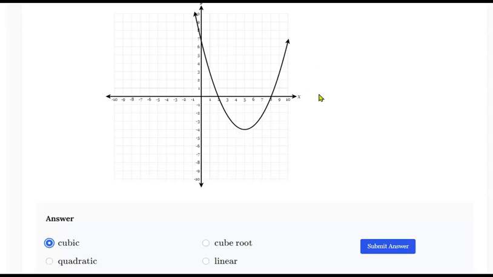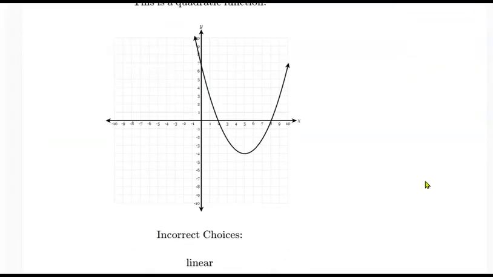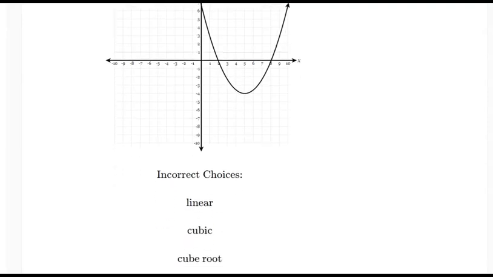So if I think, oh, this is a cubic graph, or a quadratic graph, or a cube root graph, or a linear graph, if I think that, then it will tell me I'm correct. So down here, it says these are the incorrect choices, linear, cubic, and cube root.